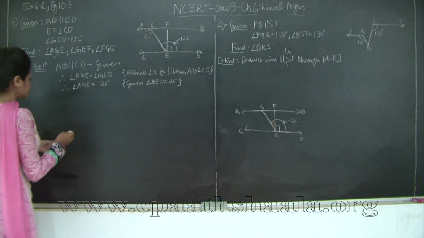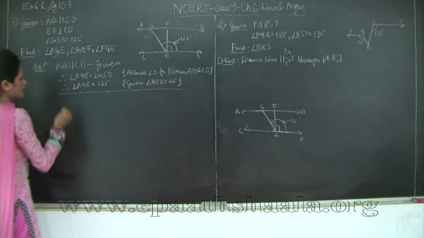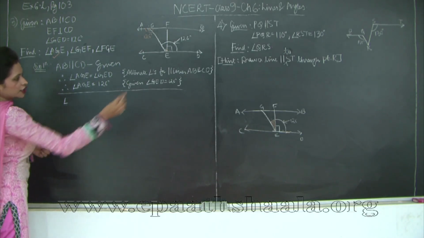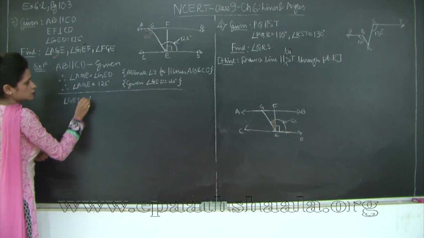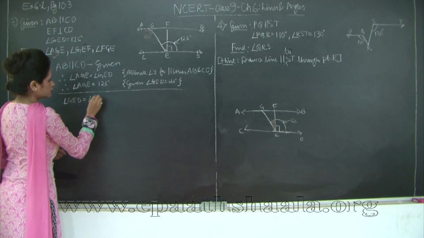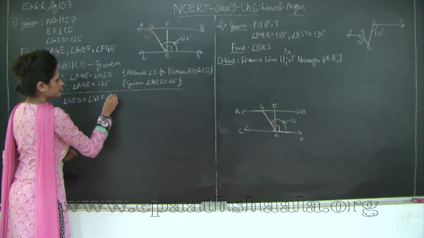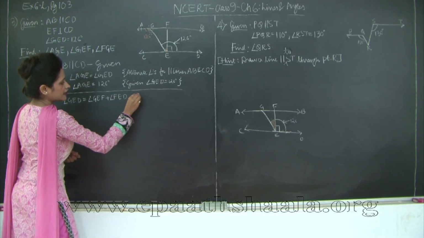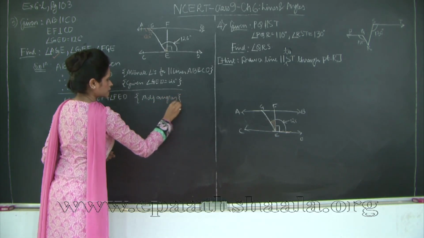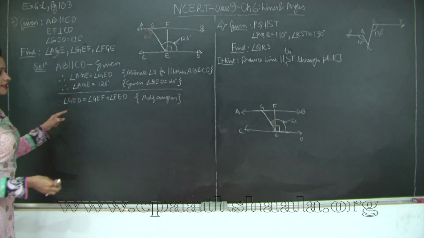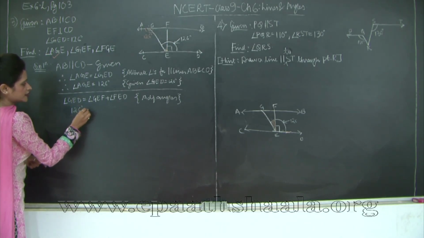Let's solve this. So just drawing a line to separate the different sections. Now angle GED is equal to angle GEF plus angle FED, correct. I'll say why? Adjacent angles, correct. But GED is how much? GED is 126 degrees, is equal to GEF.